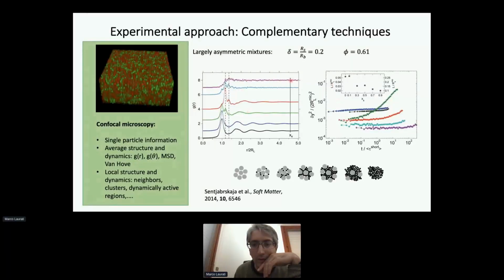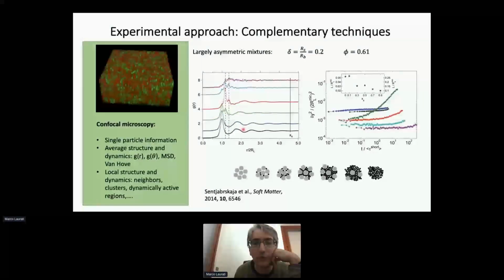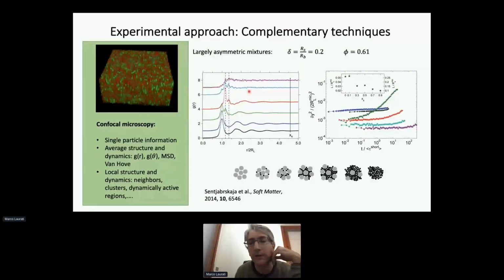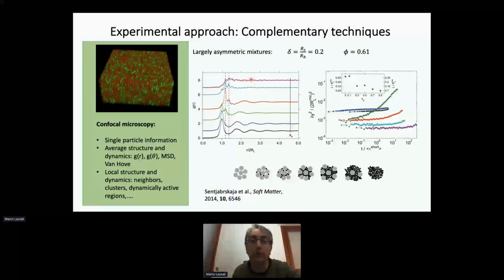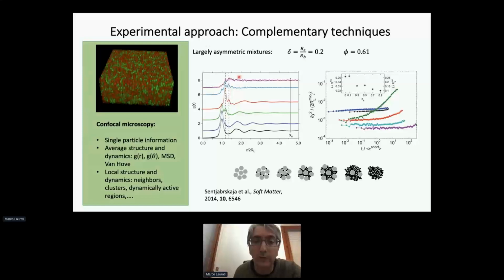As you see, from confocal microscopy studies we could determine the pair distribution functions of the large component in the mixture as a function of increasing mixing ratio, from the pure large particles to essentially almost only small particles, so a small fraction of large particles.